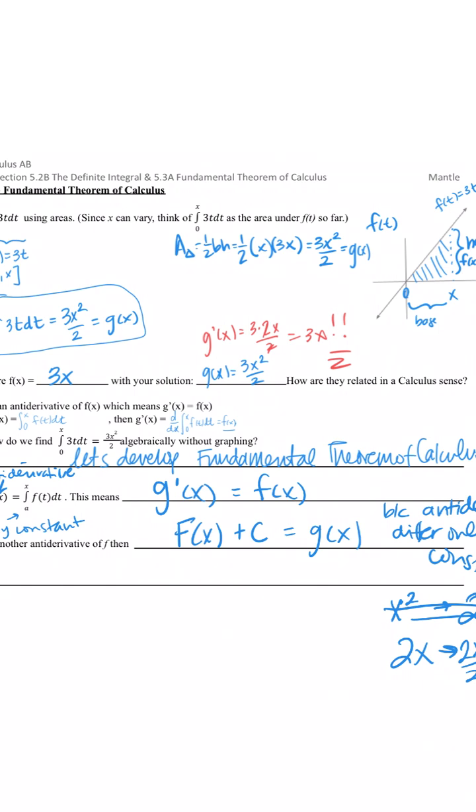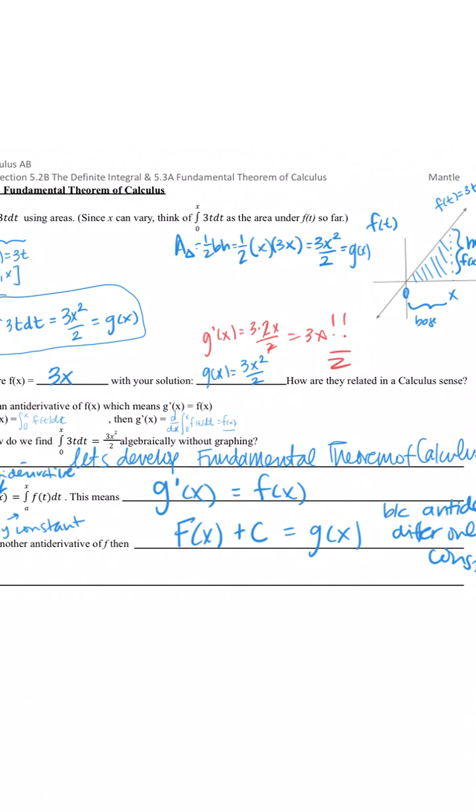So I could have one antiderivative be x squared plus 5, and this one be x squared minus 2. And if I add 2 to both sides, then I'd have x squared plus 7 equals x squared. So they're the same function, they just differ by a constant, and the constants have been combined into the same constant. Okay, I'm going to erase that there.